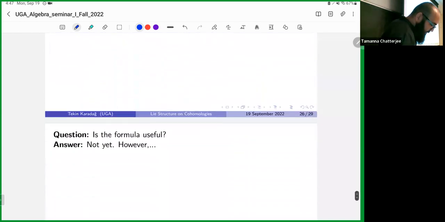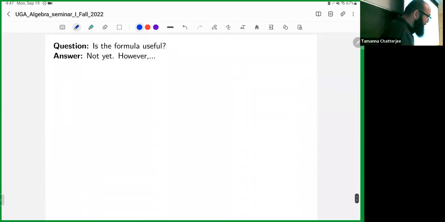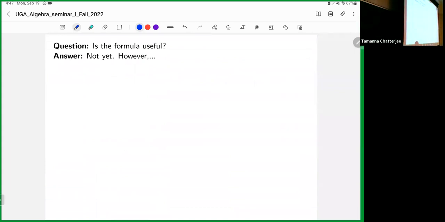I have lost a few minutes, so naturally the first question is whether the formula is useful or not. For now, for calculation, it is not. But remember, the main definition of the Gerstenhaber bracket on cohomology is not meant for calculation.